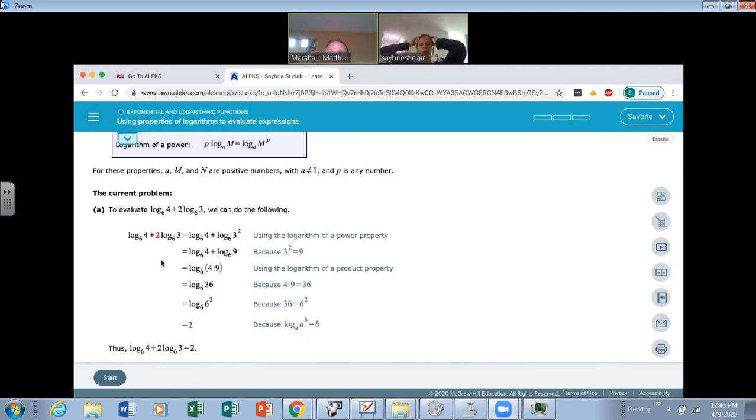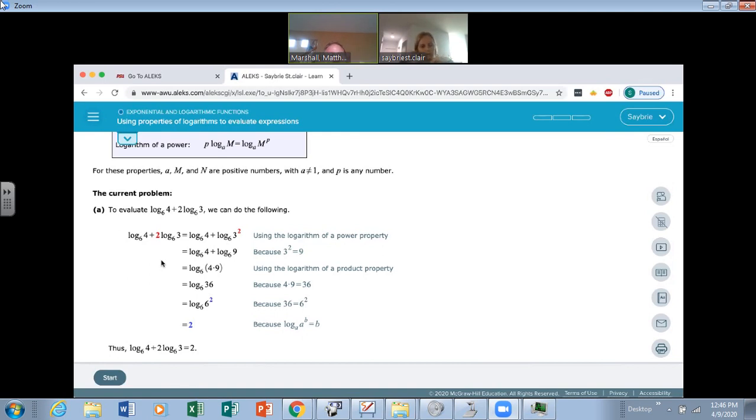So these, they're just rearranging where the numbers are going. Are you seeing that for that first example right there? So it took that 2 log base 6 3 and rearranged it where that 2 out front went by rule. That became log 6 3 squared, so they rearranged it.